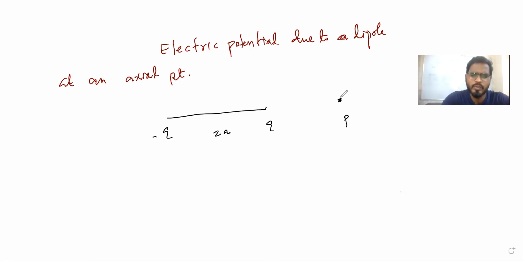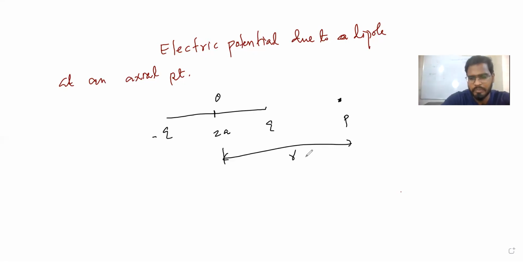Let's take from here to here, this point P, and let's take O. From here to here the distance is r. Now we want to find the potential at point P due to minus q charge, and then due to plus q at point P, and we will add both to get the answer.